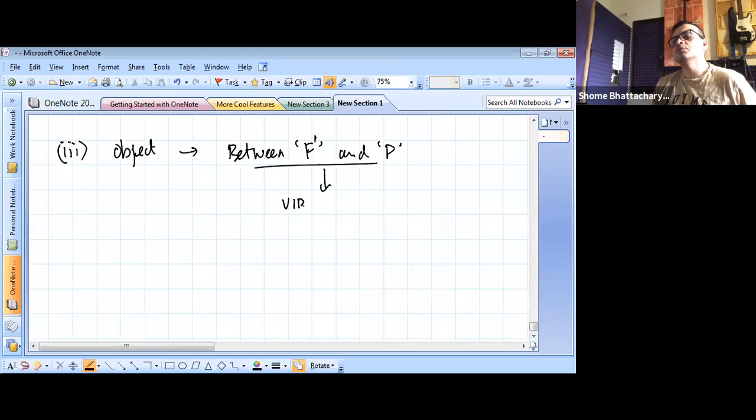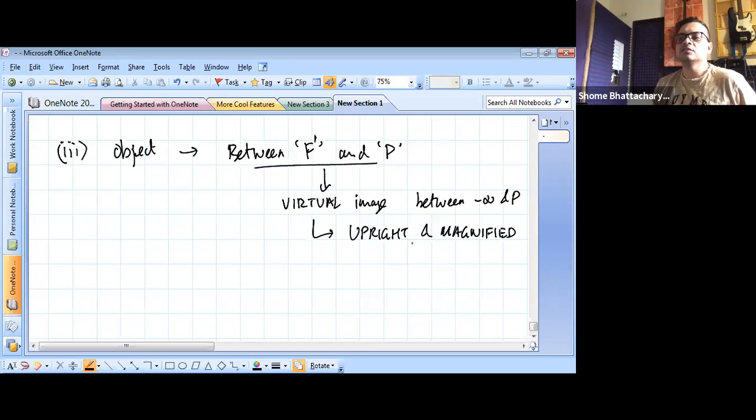It gives us a virtual image between minus infinity and the pole. And that virtual image is always upright and magnified. This is the case we saw of that converging lens underwater when we kept the object at 90 centimeters and the focal length was huge, some 1440. It was expected that we were getting a virtual image.